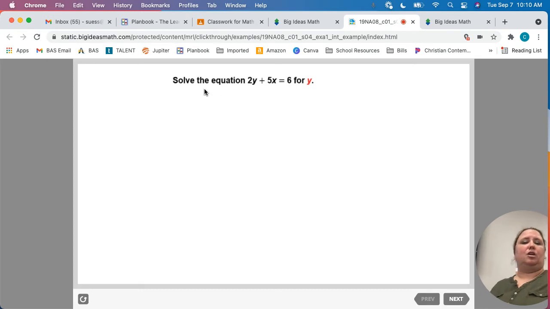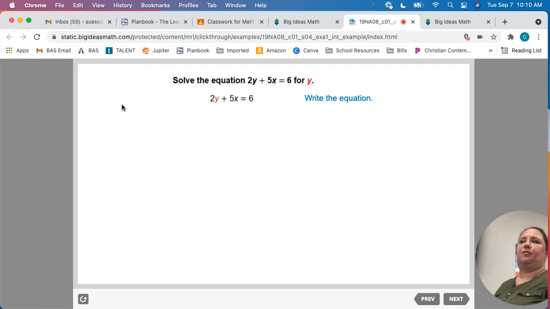So it says, solve this equation 2y plus 5x equals 6 for the letter y. So we're going to leave y on the left-hand side and move everything else over to the right-hand side. Your first step is to write the equation. So put this in your journals, example 1. And we need to move things away from the letter y.